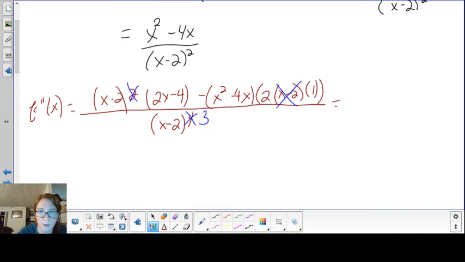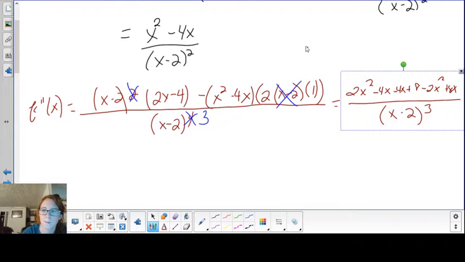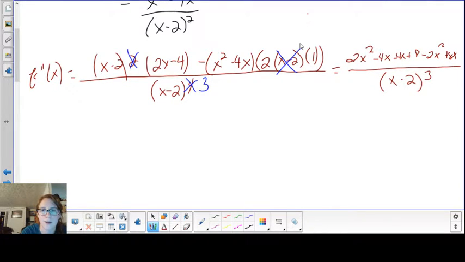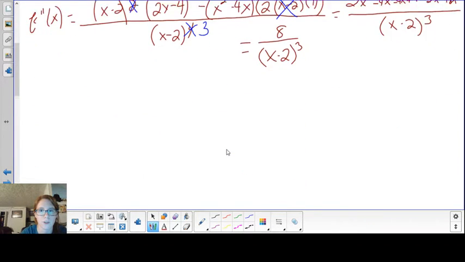So it gives me 2x squared minus 4x plus 8 minus 2x squared plus 8x, all over x minus 2 cubed, which when I reduce all of that down gives me 8 over x minus 2 cubed. And again, I will be using that in a little bit. So those are the first two steps.